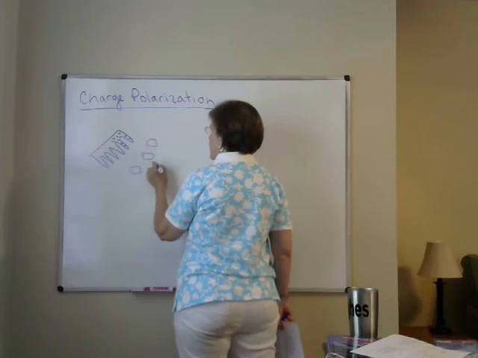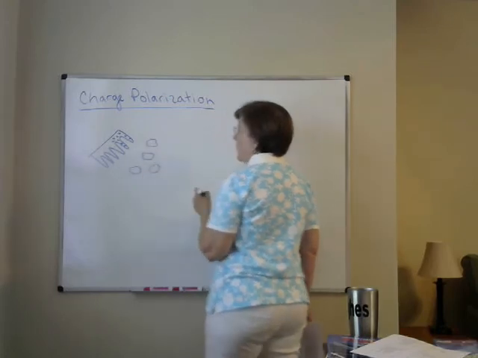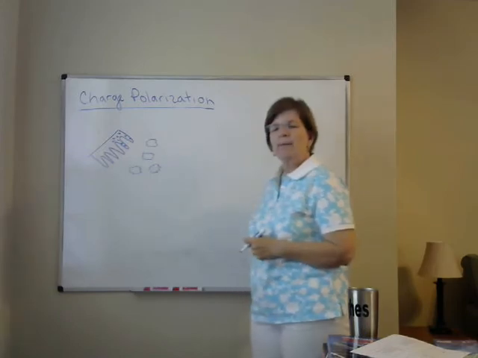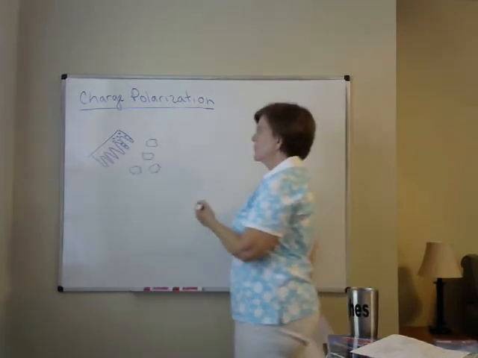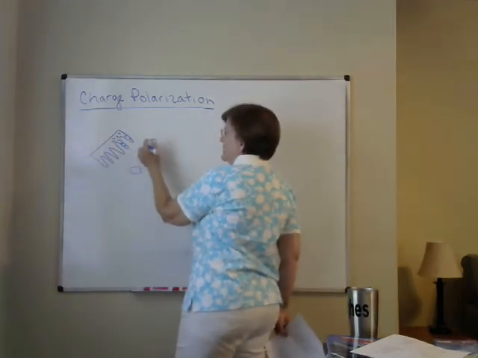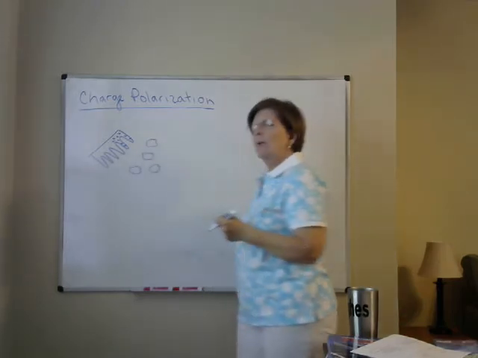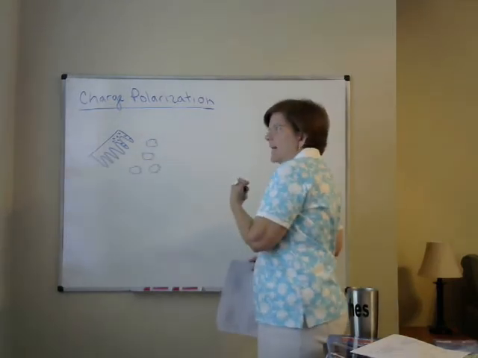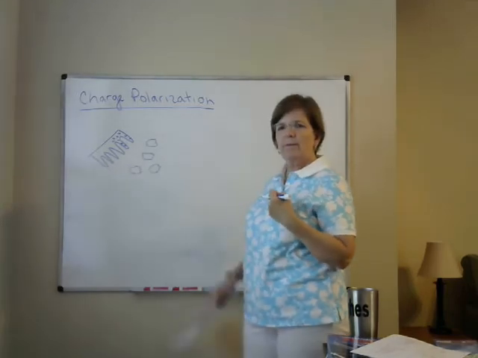These little bits and pieces of paper are actually neutral, but you'll find that you can take your comb and actually pick them up. They'll be attracted. And the reason is the molecules inside the paper, those polar molecules, the negative side of the molecule is attracted to the comb.